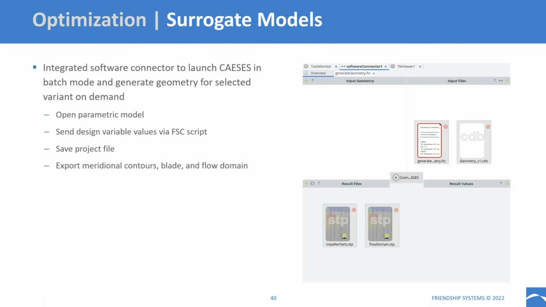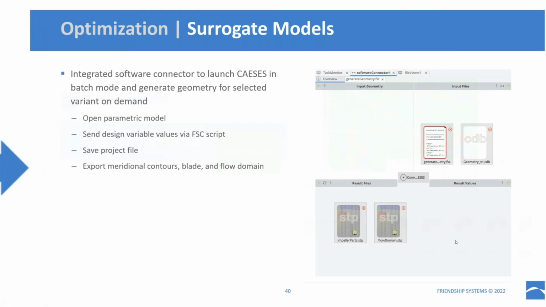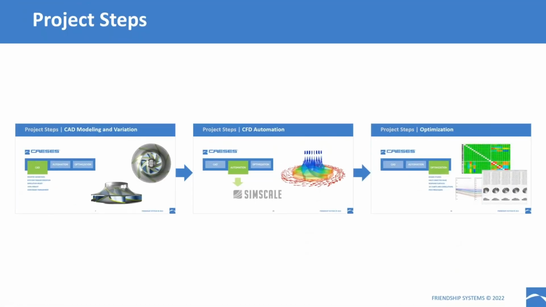And to do that, we used again our connector interface here, and in this case we just connected cases to cases to launch a second cases instance in batch mode, where we send the parameter values to, and then we generate the actual geometry using a batch script, quite simply, and then we have our optimized geometry. Okay, this covers the workflow we have worked on.